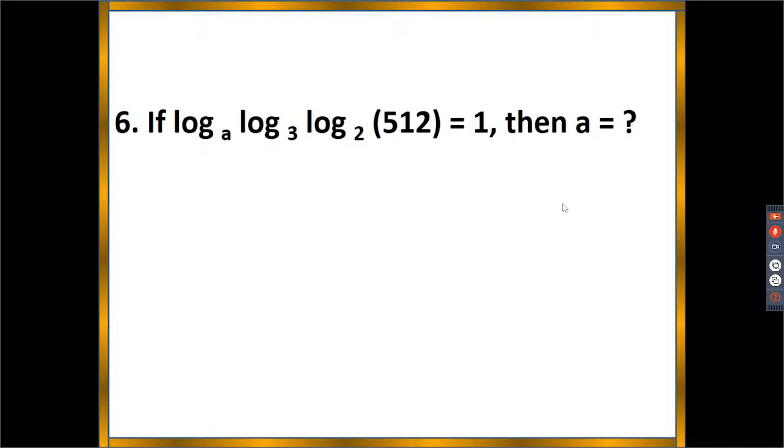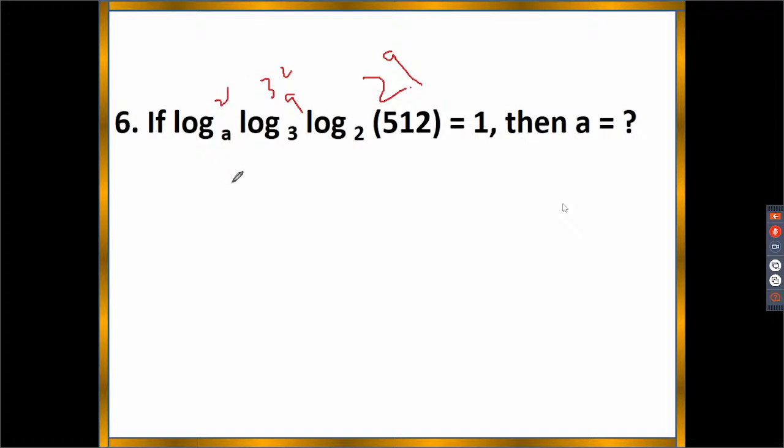So log of 2 power 9 base 2 is nothing but 9. 9 means 3 square, right? Log 3 square base 3 means 2.